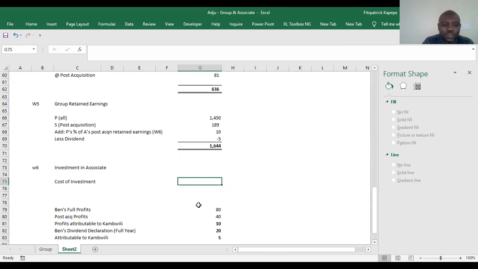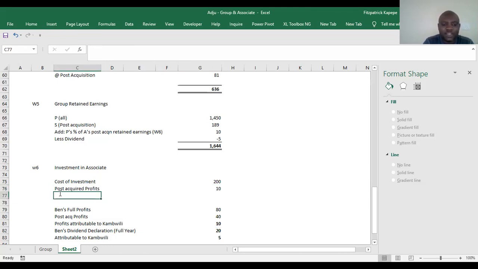So we bring in the 200 million cost of investment. Then the post-acquired profits, which we had already computed. The post-acquired profits is 10.